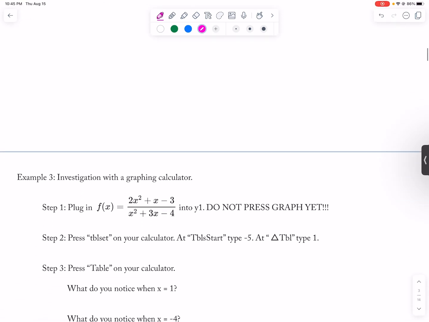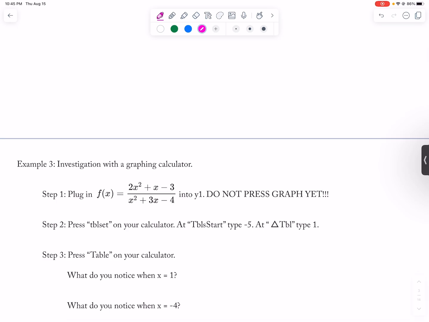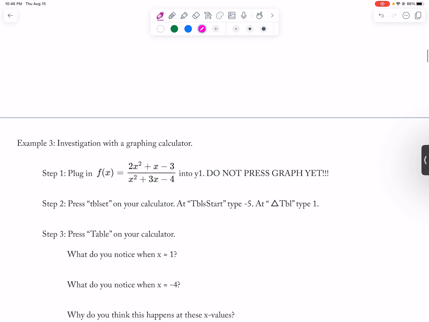So we look at exploring with a graphing calculator. With the graphing calculator, there are ways that we can look at what happens to your graph.